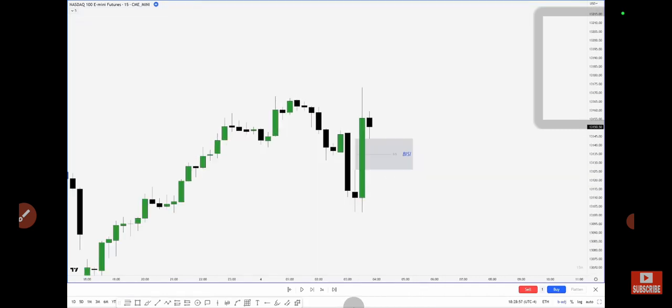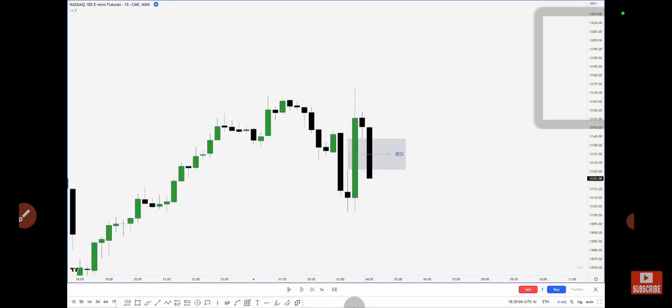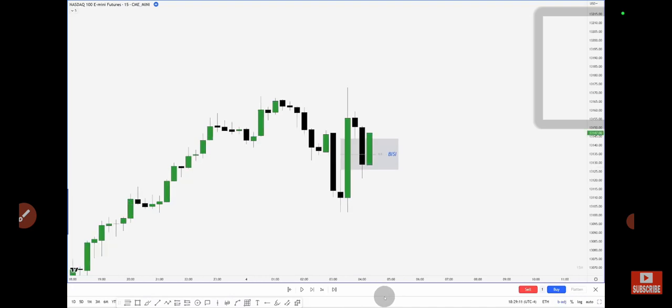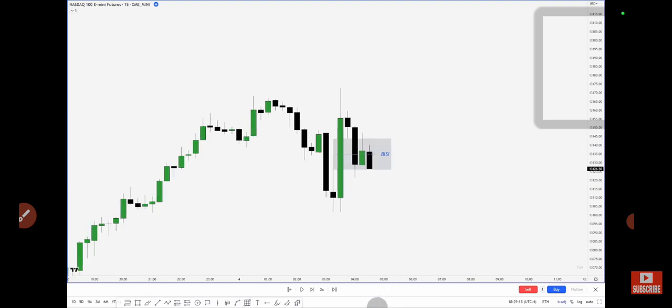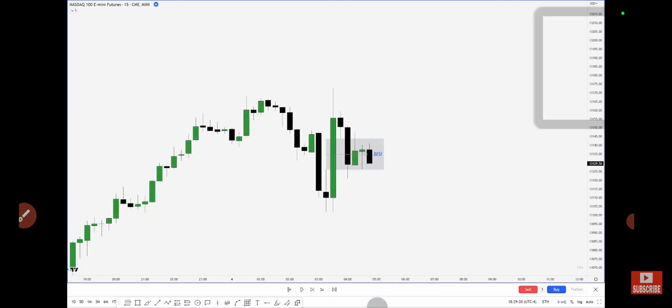Here's an example of what I mean when I say that fair value gap inversion does not need to occur back to back. As we watch this play out, our first clue is that this closed below the consequent encroachment. We displace back out, hit this wick right here, come back in. Let's see if we can close below the fair value gap.